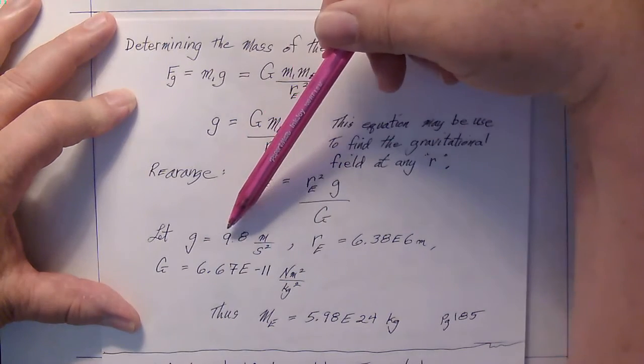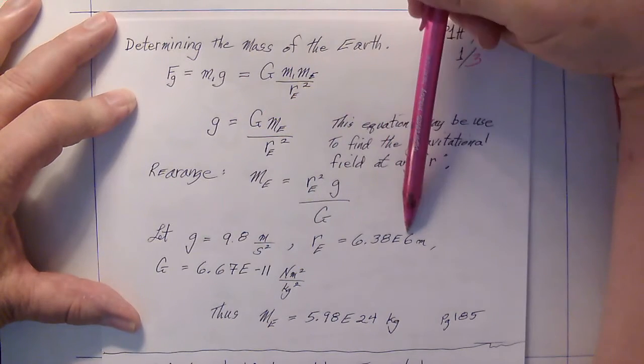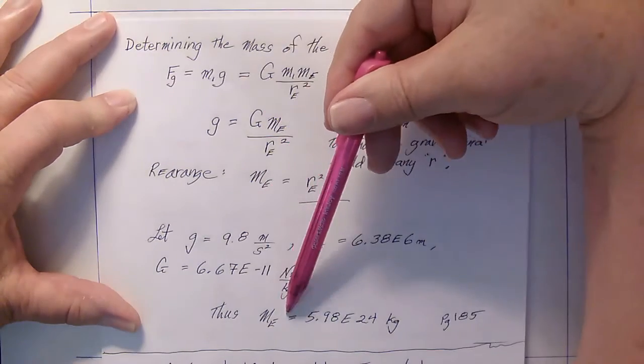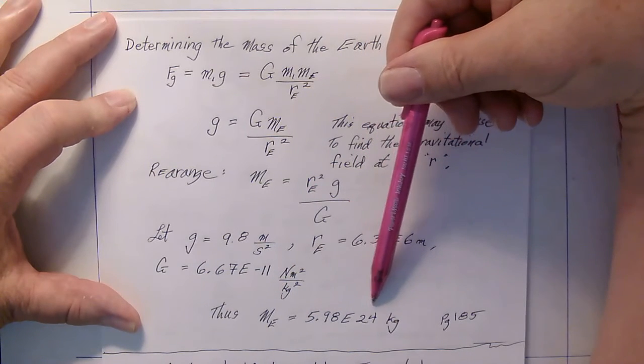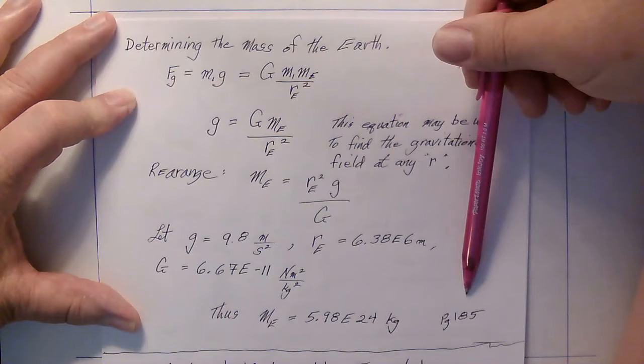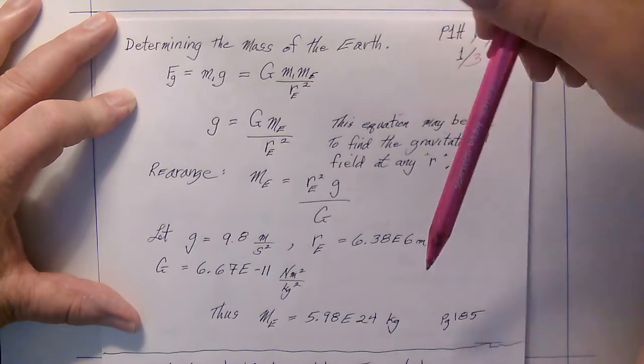And when we substitute G and re, we find that the mass of the Earth is 5.98 e to the 24 kilograms, and you find this information on page 185.